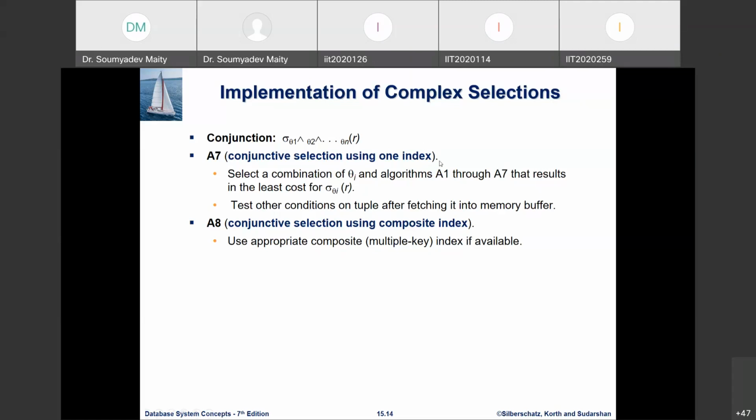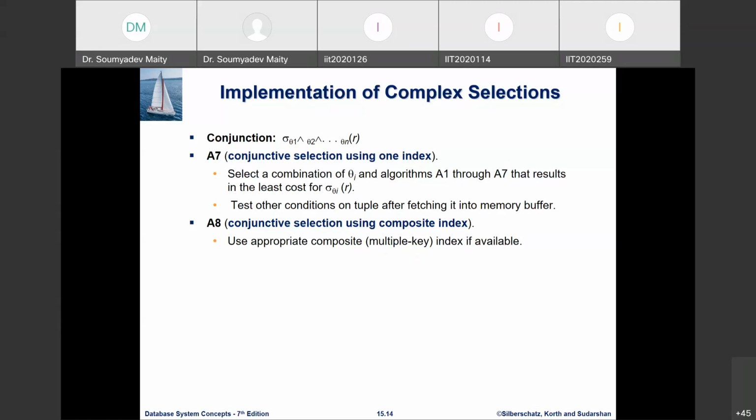You have to check whether there exists any composite index which takes all the attributes involved in each of theta 1 to theta n. If it is so, then you can treat that composite index simply as a simple index and apply the algorithms A1 to A6, with the help of the formulas, to decide which one will have the lowest cost. It's very easy.